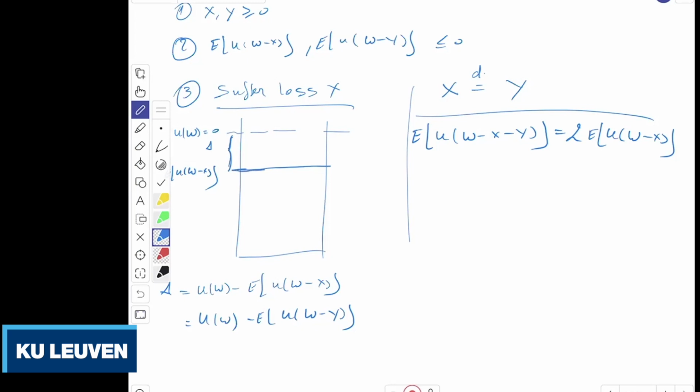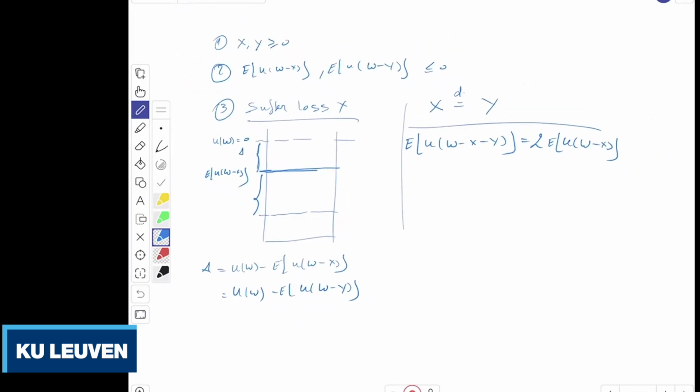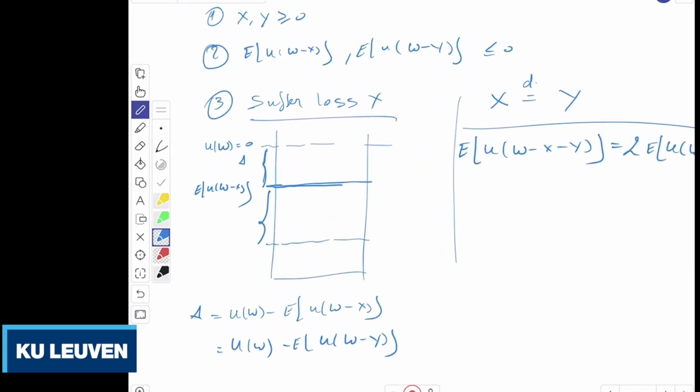Assume that I'm now at this level here. I say, well, let's now move here to the expectation of U(W minus X) plus the expectation of U(W minus Y).